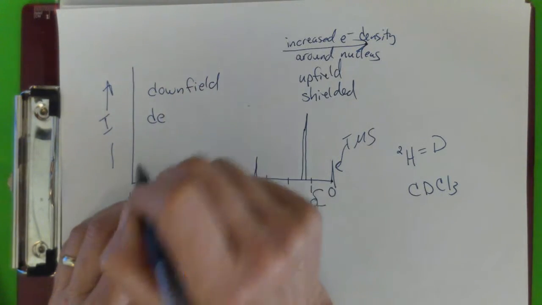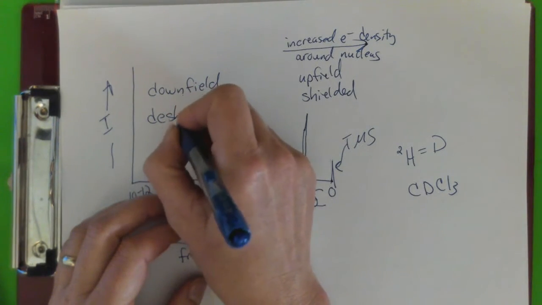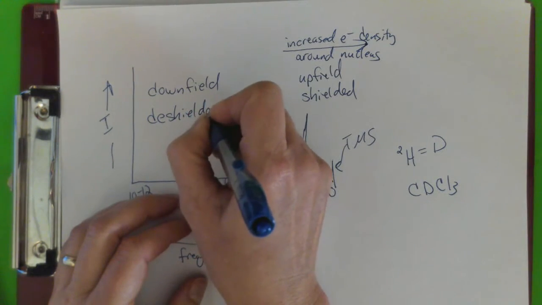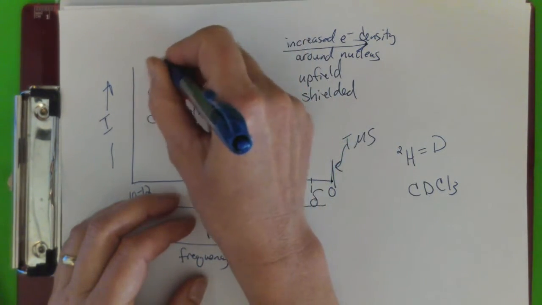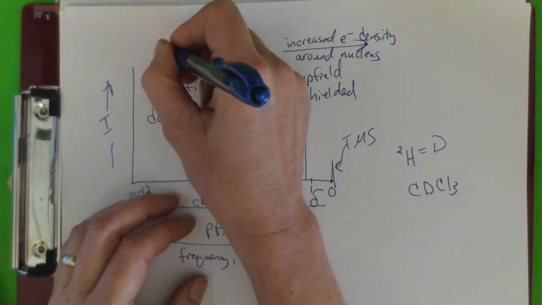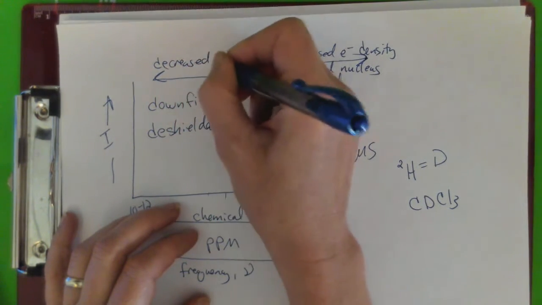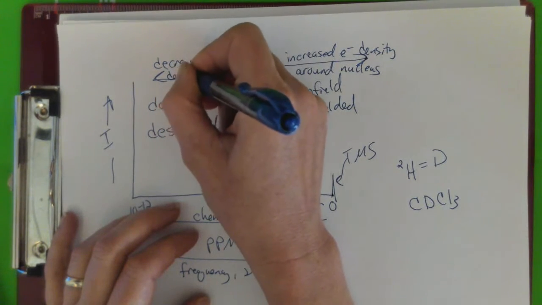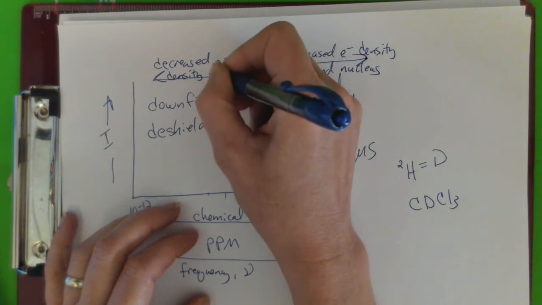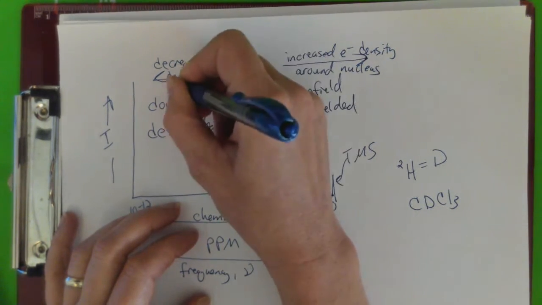Also, they can be described as being deshielded. Okay, and that's because they have decreased electron density around their nucleus.